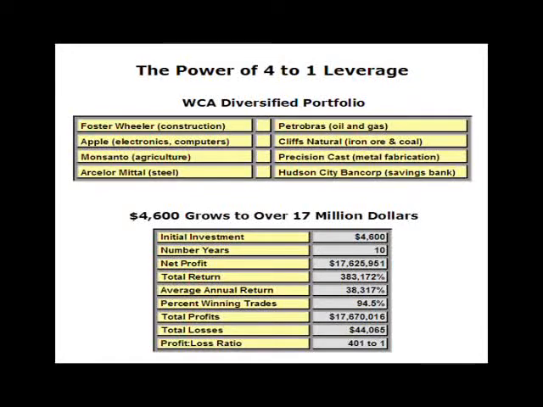Let's have some fun and take a look at historical profit results for trading options instead of stocks using the major trend system. Historical results are based on purchasing call options for major trend buy signals and purchasing put options for sell signals.